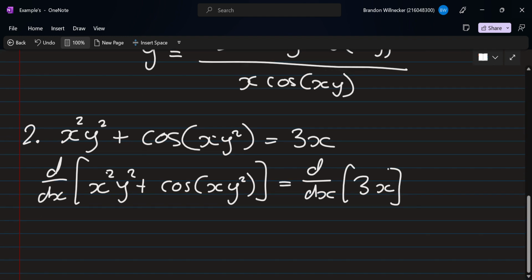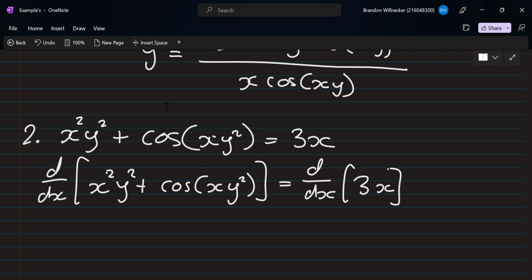And again, we notice for the first term, we've got an x squared times y squared. That's a function of x times a function of x, so we're going to have to use the product rule. Then y squared, that's a function of x inside a function, so y, that's a function, and then we have something squared, that's another function, so chain rule for that one.